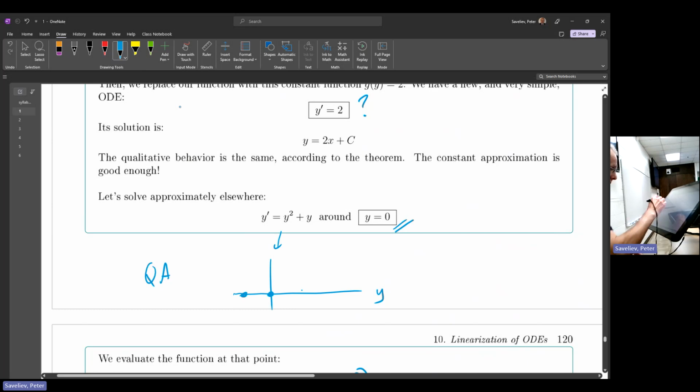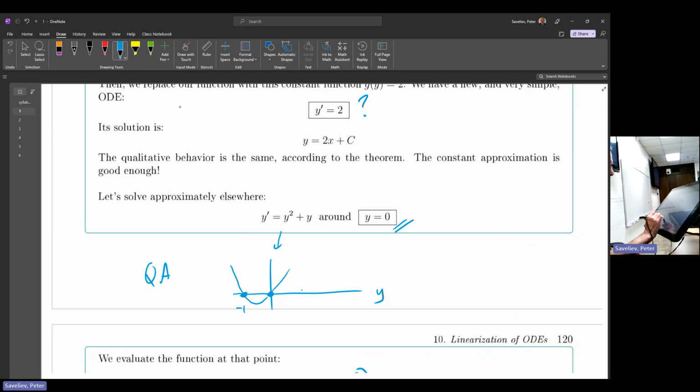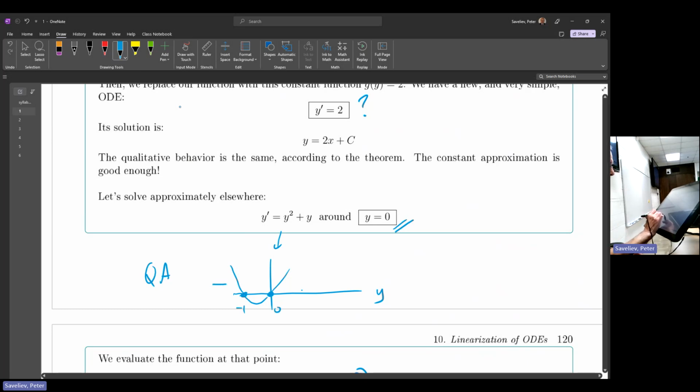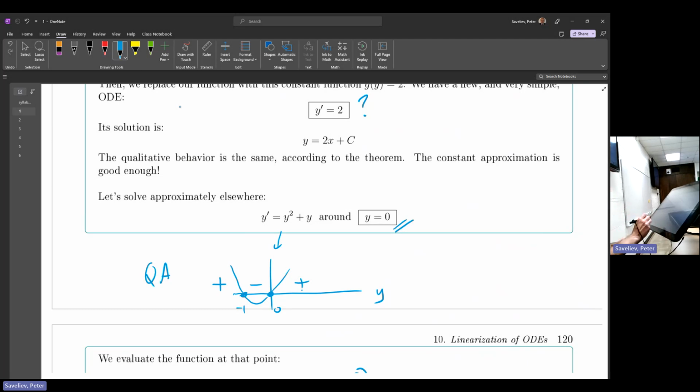So this is what the parabola looks like: this is -1, this is 0, and then we have plus, minus, and plus. Which means my solutions will be in the vicinity of 0, which is our only interest here. So what's the behavior?